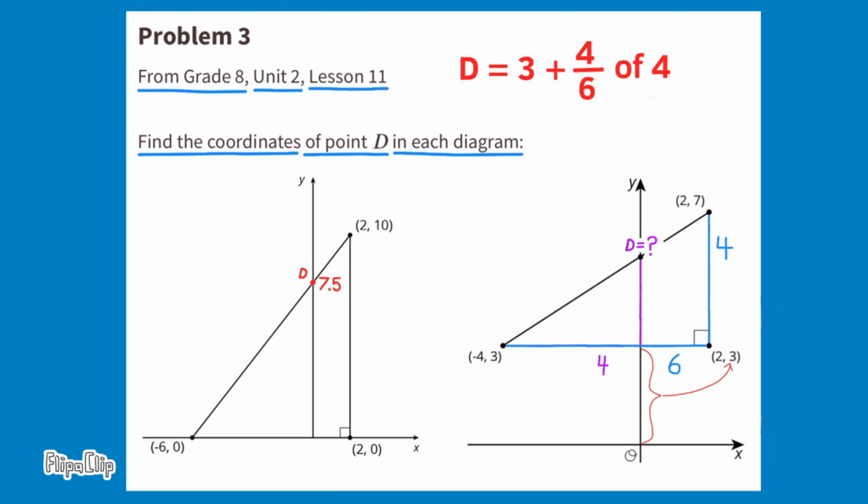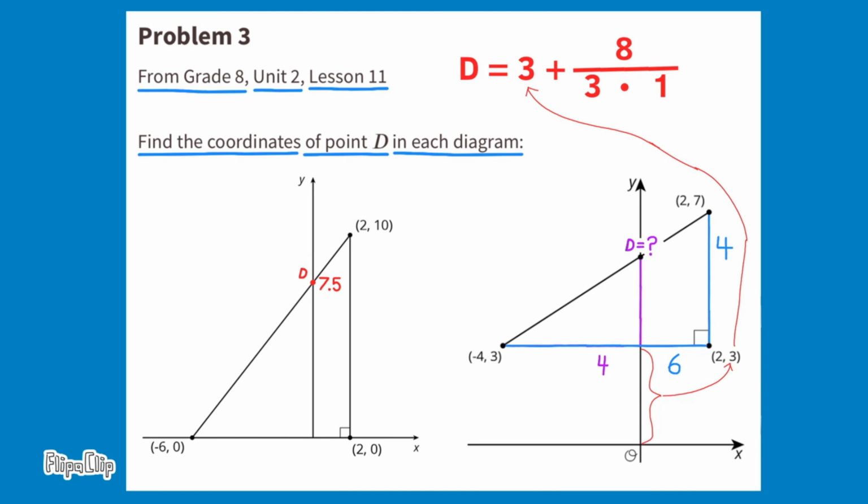To account for the space between the x-axis and the triangle's base, I wrote this equation. D equals 3 plus 4/6 of 4, or 3 plus 2/3 of 4, which means 3 plus 2/3 times 4, or 3 plus 2/3 times 4 over 1, which is 8 over 3.